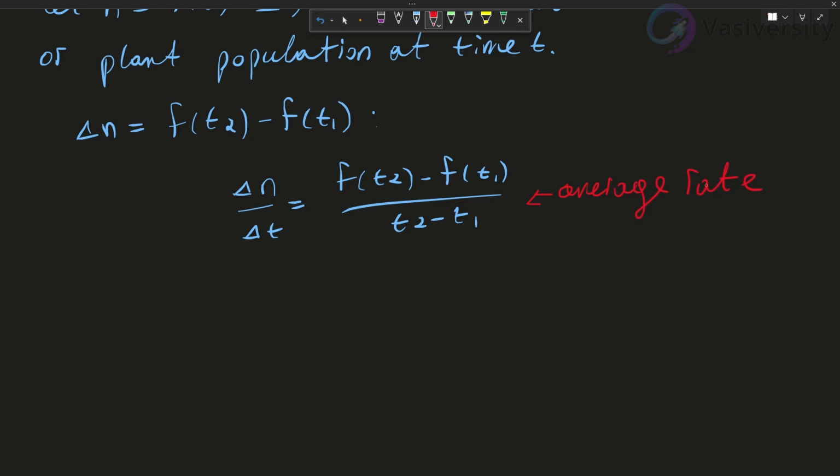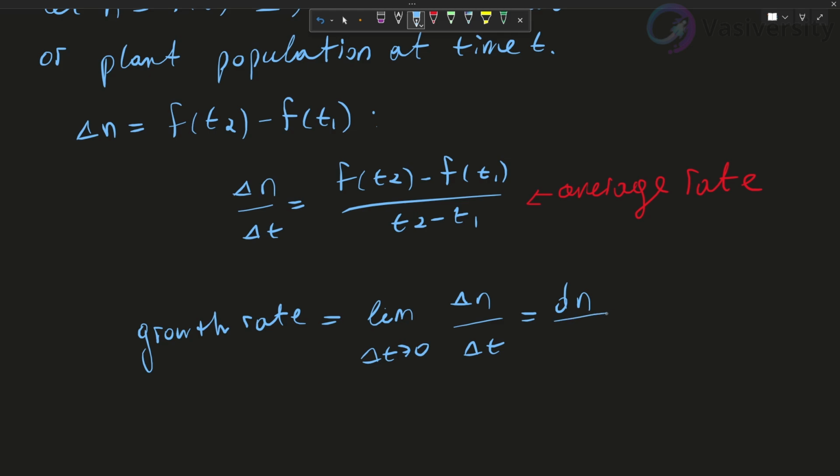If we want to get an instantaneous rate of change, which we also call the growth rate, it will be the limit as delta t approaches 0 of delta N over delta t, and that would be the derivative of N with respect to t.